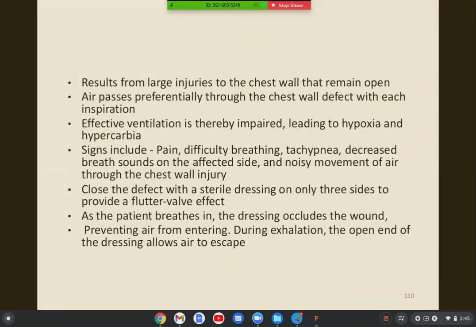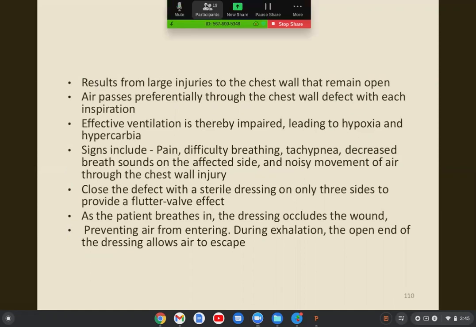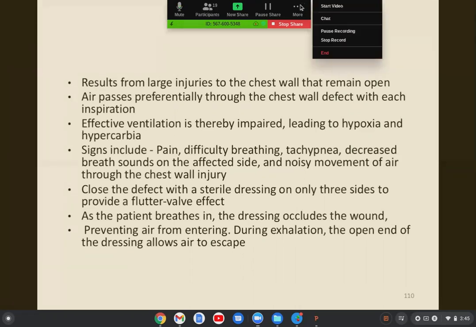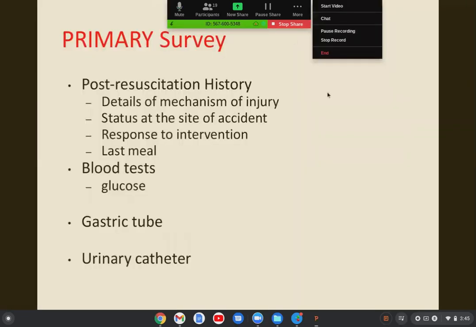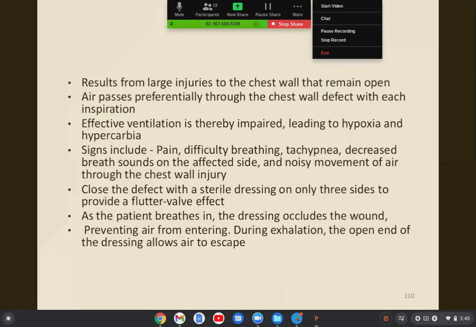Now, when we have an open pneumothorax, it generally happens as a result of a large injury to the chest wall. Air passes preferentially through the chest wall defect, with more chest air movement during inspiration, and effective ventilation is impaired, which leads to hypoxia and hypercarbia.